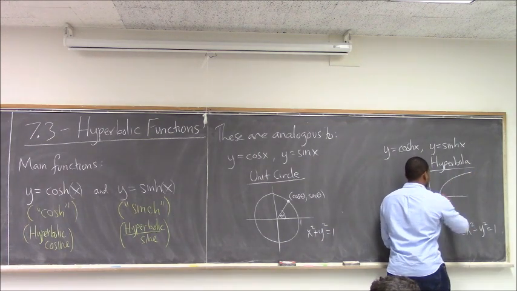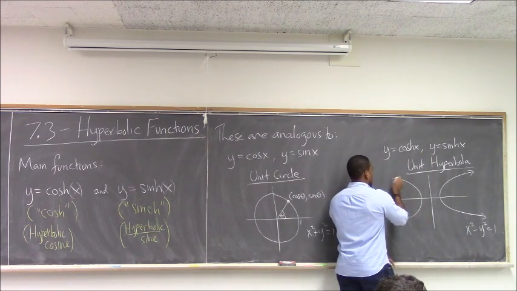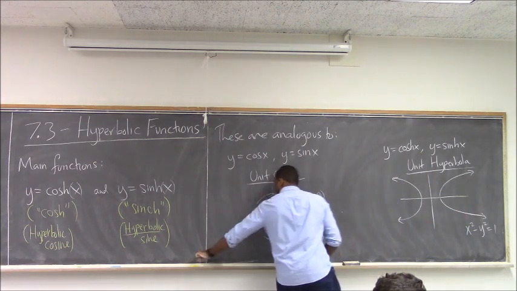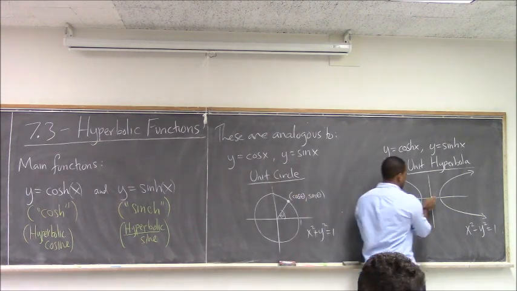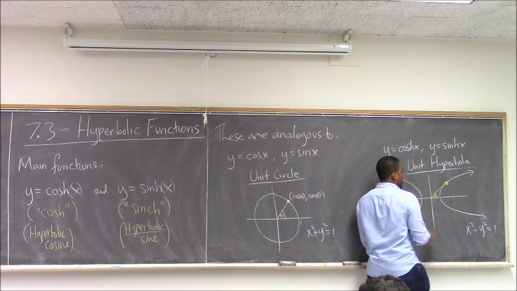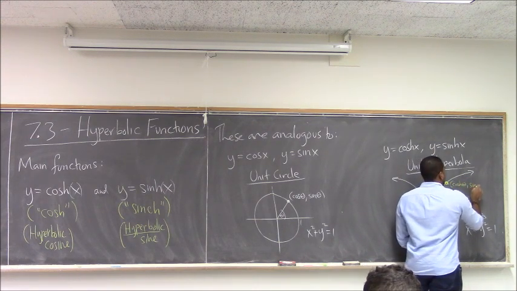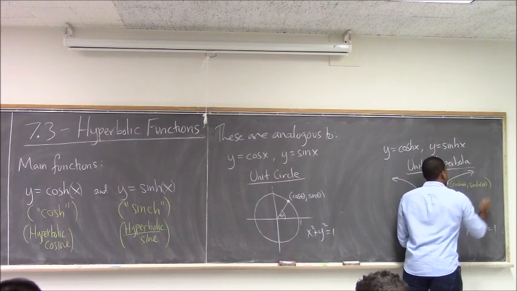And the graph looks like that. Extend like that. And if you measure a line from the origin to a point on this curve at an angle theta, the coordinates of that point are given by cosh of theta and sinh of theta.